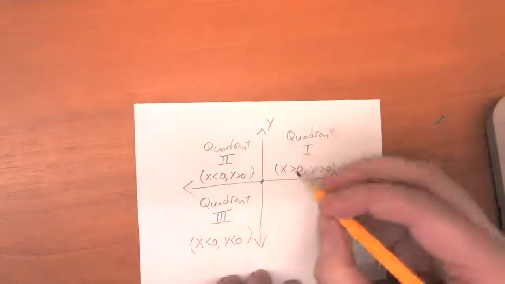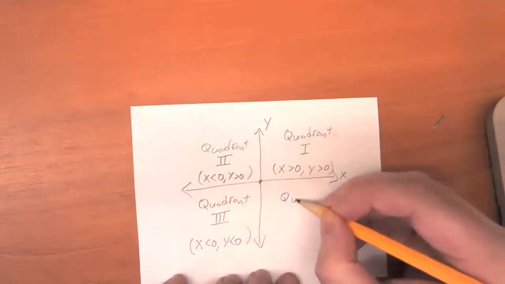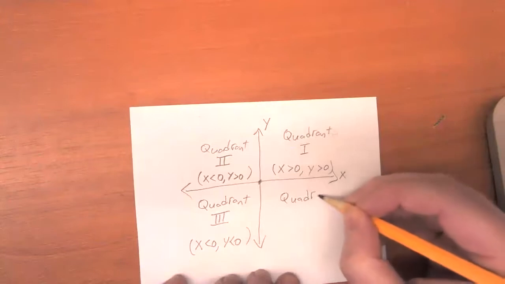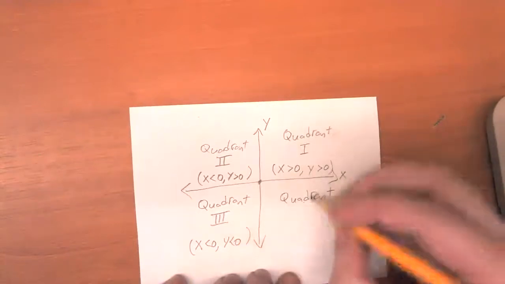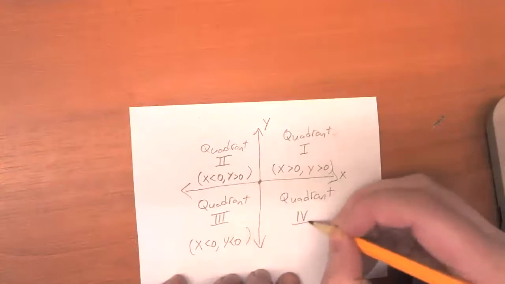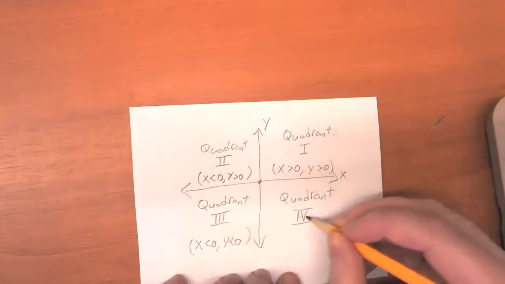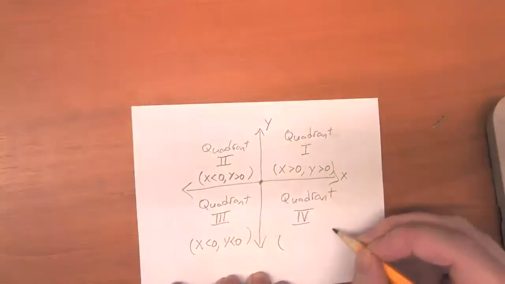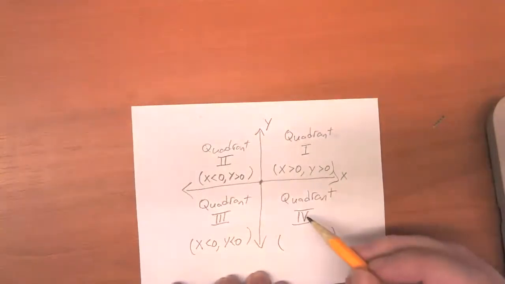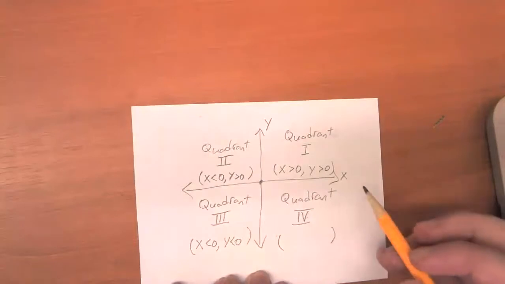And the final quadrant we have is Quadrant 4. Now, 4 in Roman numerals is a little bit different. It's not 4 I's. It's going to be an I and a V. This stands for 5 minus 1. So what do the x and y values look like in Quadrant 4?